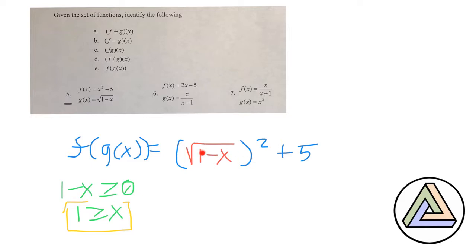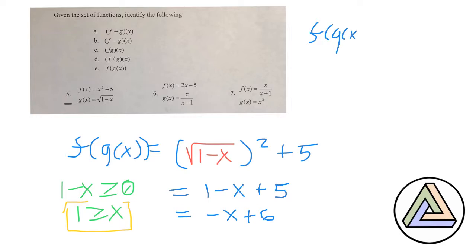And then I would carry on with simplifying this. So let's go ahead and square this thing. By squaring it, you would end up with 1 minus x plus 5. And then that would end up becoming negative x plus 6. So the final analysis would be f of g of x equals negative x plus 6 with all x being less than or equal to 1.